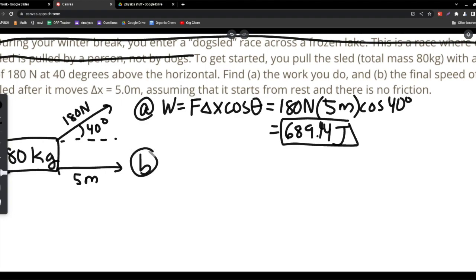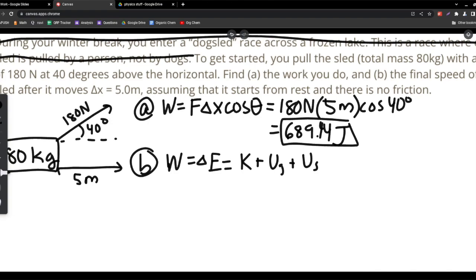Now, the second part gets a little bit trickier. We could theoretically do this with kinematics, but we've learned how to use energy. So remember, work equals change in energy. And if we look at what energy is all about, we have K plus gravitational potential energy and spring potential energy.